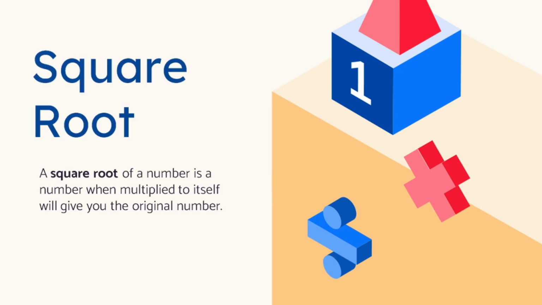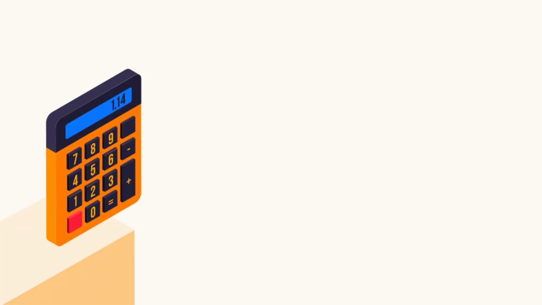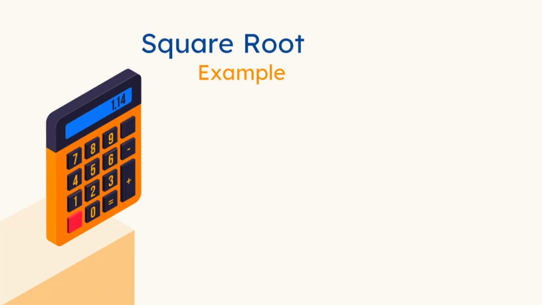So, we have your square root of a number is a number when multiplied to itself will give you the original number. So, ang square root daw ng isang number ay ang number na pinag-multiply mo sa sarili niya, ang makukuha ay yung original number. Let's have an example. Get the square root of 9, or sa symbol, meron tayong square root of 9.